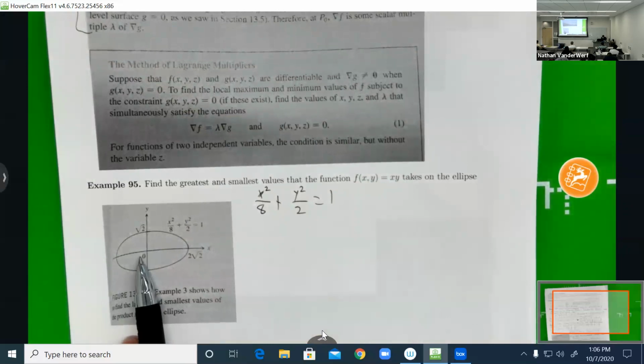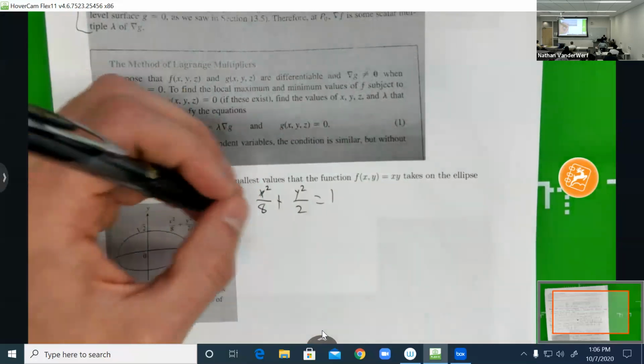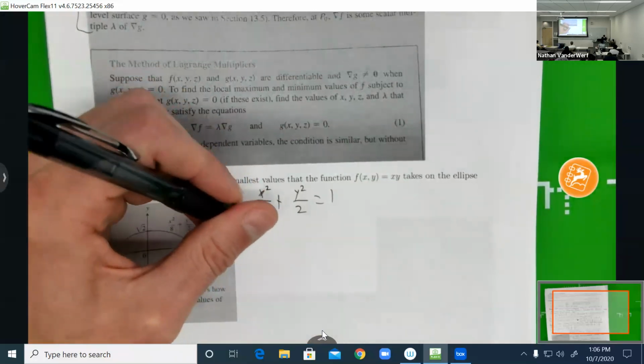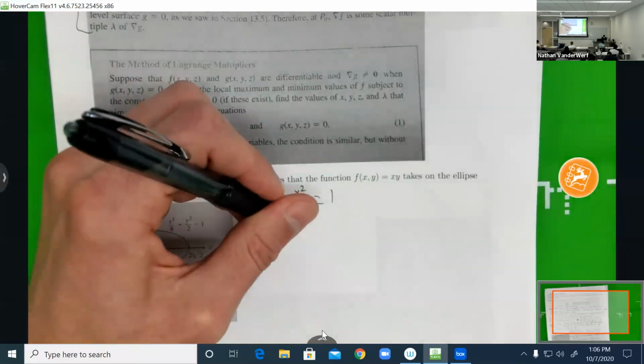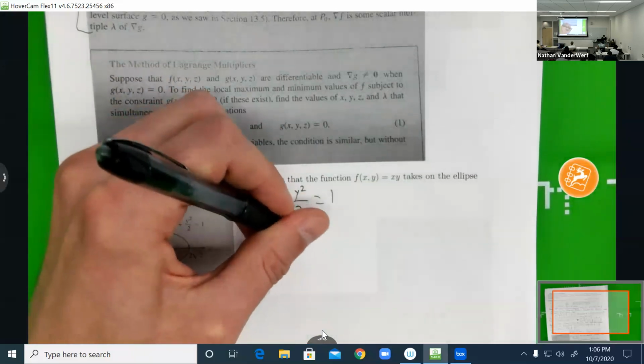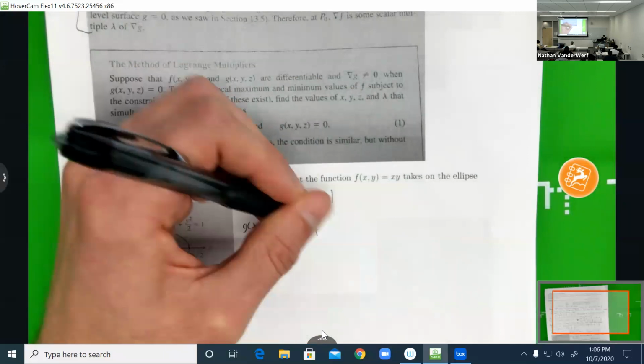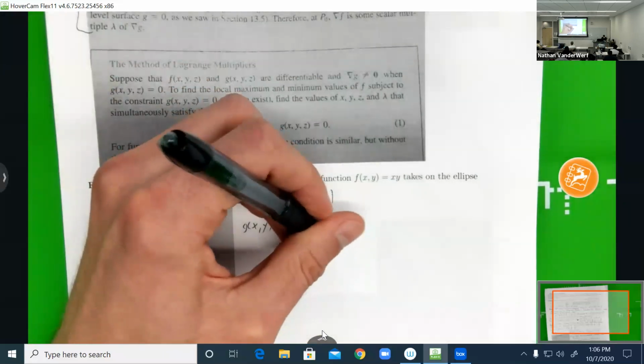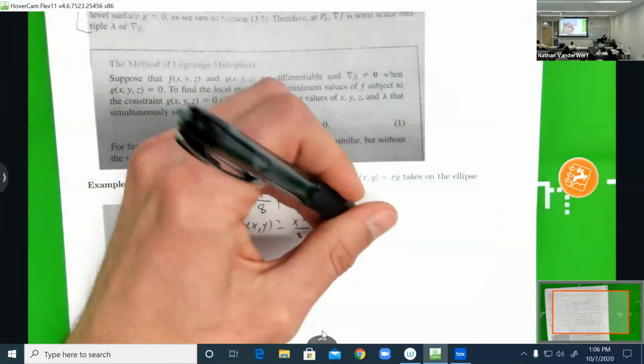In this case, what we want to do here is first rewrite to make our g(x,y). We're basically always doing this thing where we take x squared over 8 plus y squared over 2, take whatever's on the other side of this constraint, move it over, and set it equal to 0.